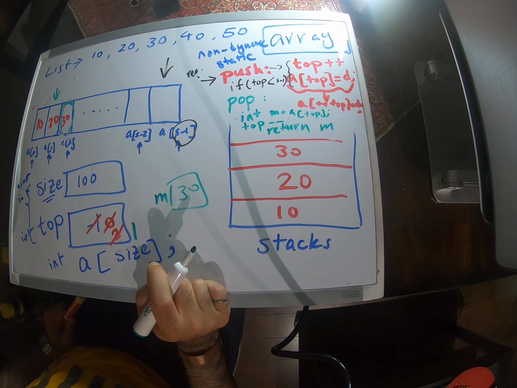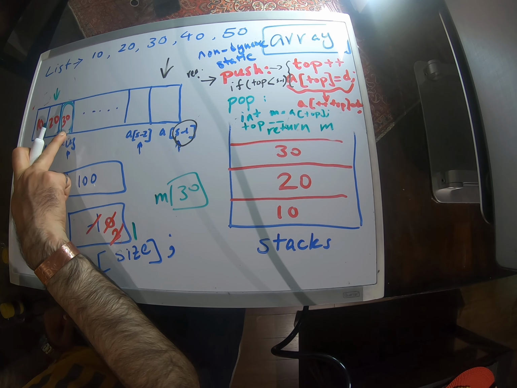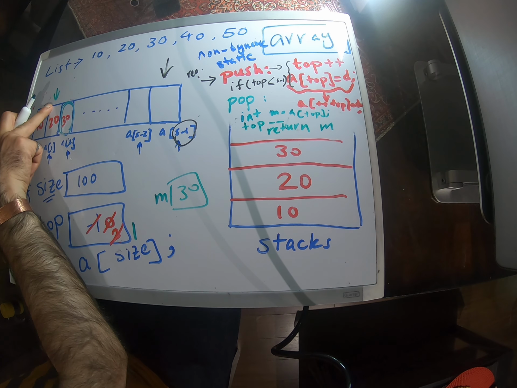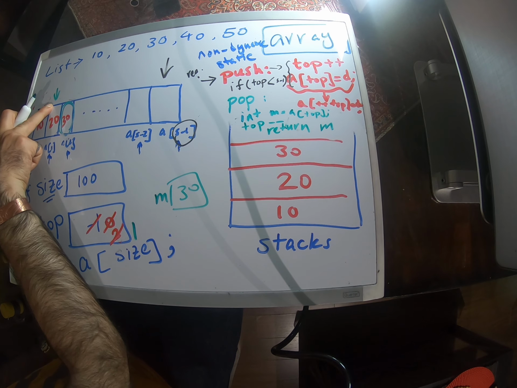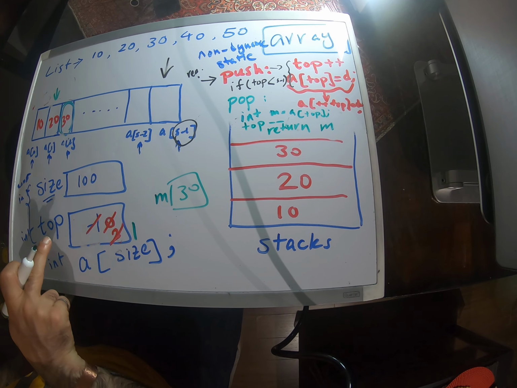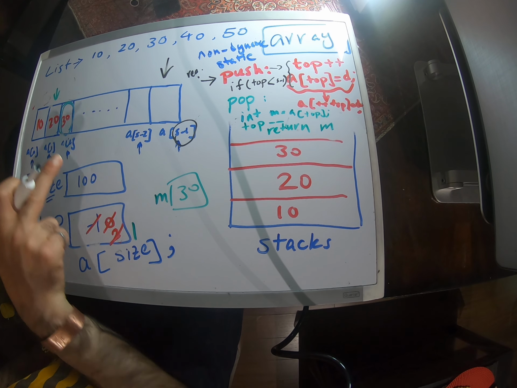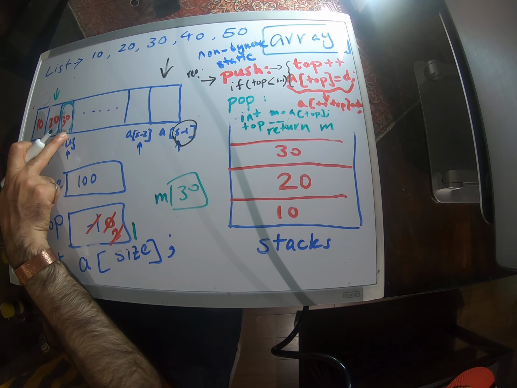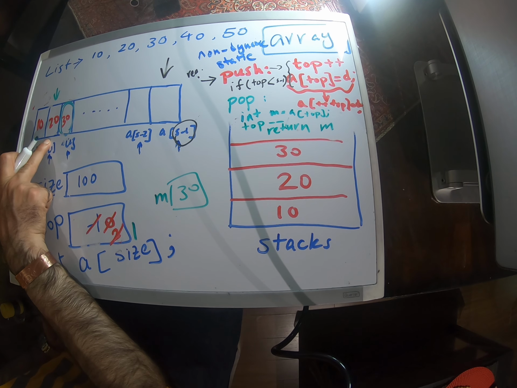Okay. So we returned the top value and we changed the top variable value to what it was before, -1.